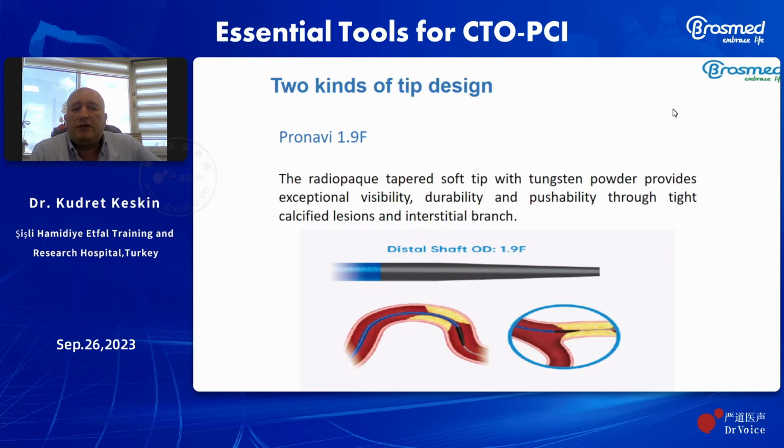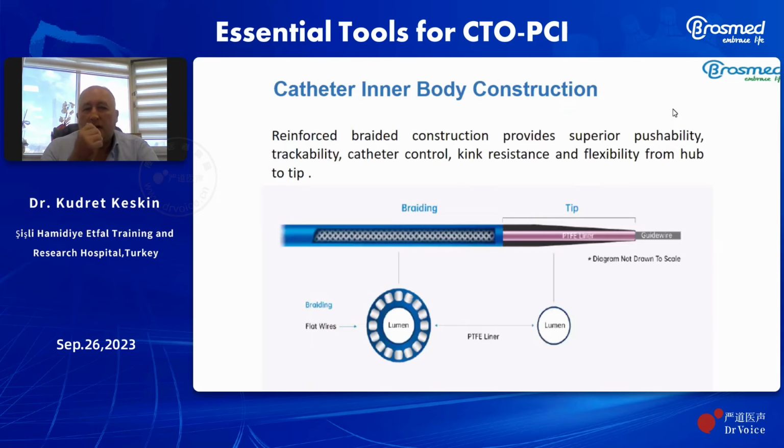The tapered, softened tip with tungsten powder provides exceptional visibility, durability, and pushability through tight calcified lesions. Actually, 1.9 French has coils around it, so it's better torqueable than the 1.7 French. That's why it's bulkier.